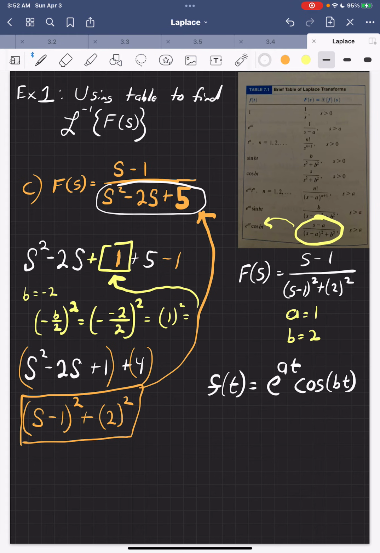And we already know what a is, we already know what b is. We just plug them in, and there's your result. So e to the t multiplied by cosine of 2t. Beautiful.